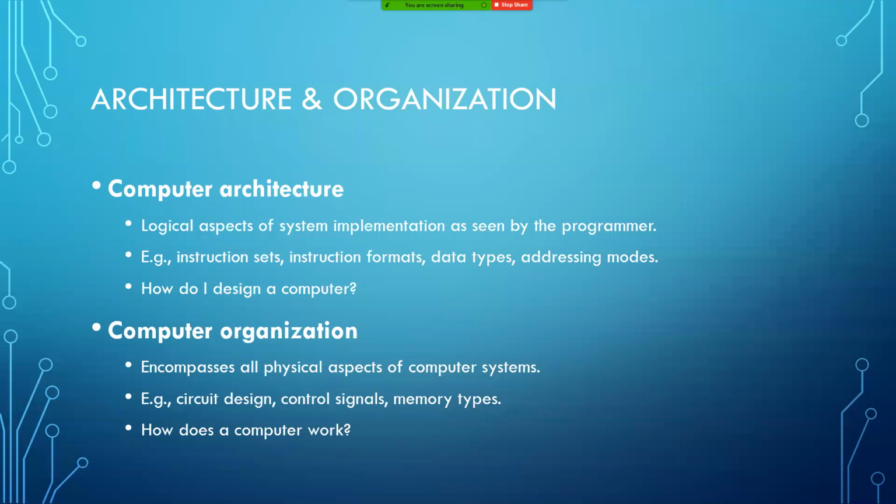And this logical aspect includes some examples: the instruction set, the format of those types of instruction, the types of data you are using for these instructions, and the type of addressing mode. We will discuss all of this in the near future, one by one. So I hope you understand what an architecture of any system is.